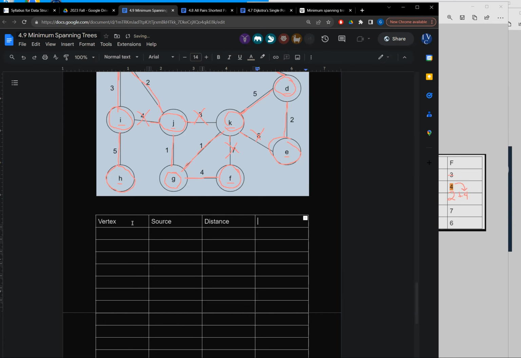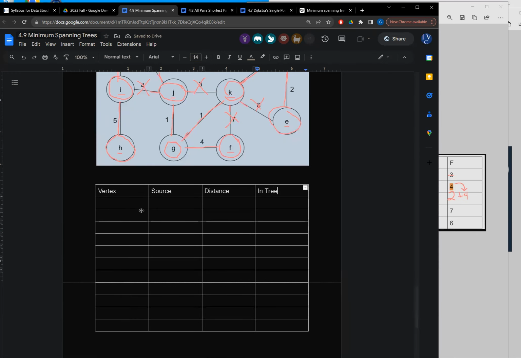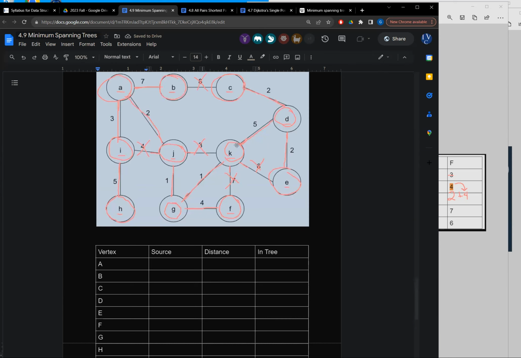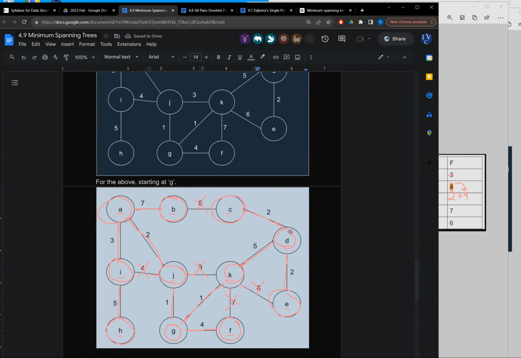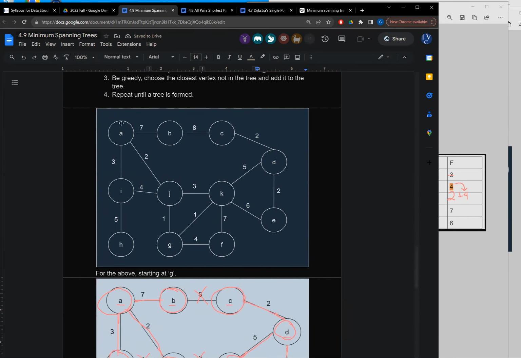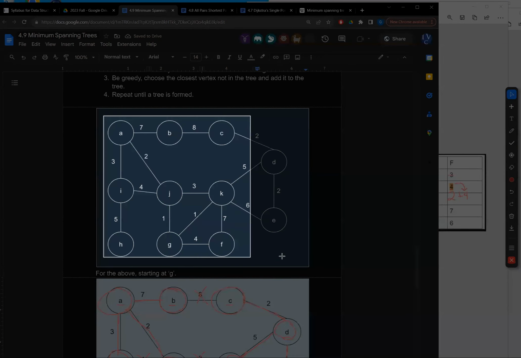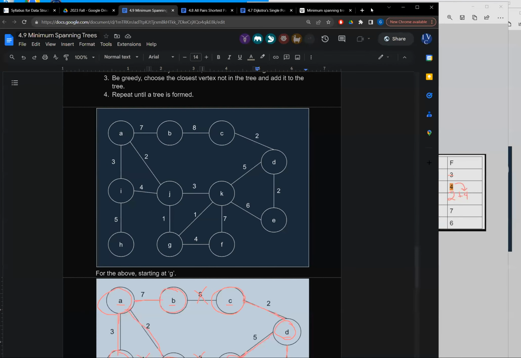By the way, we write it as in tree. Okay. All right, so we'll start at C this time. I have C part of the graph.